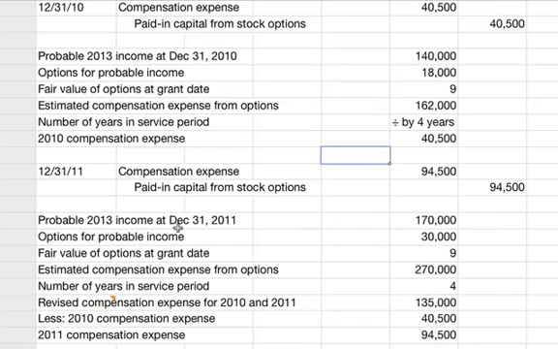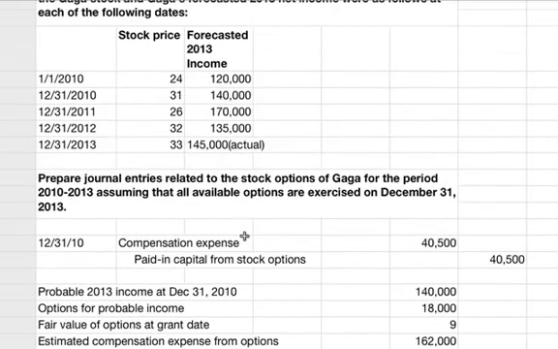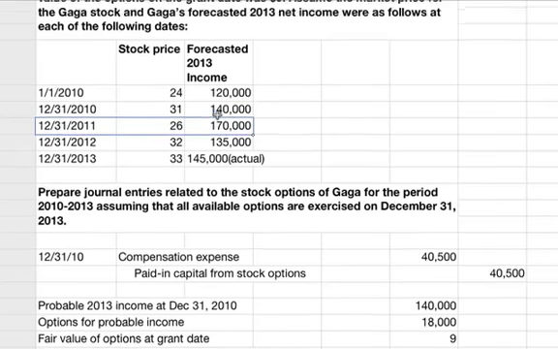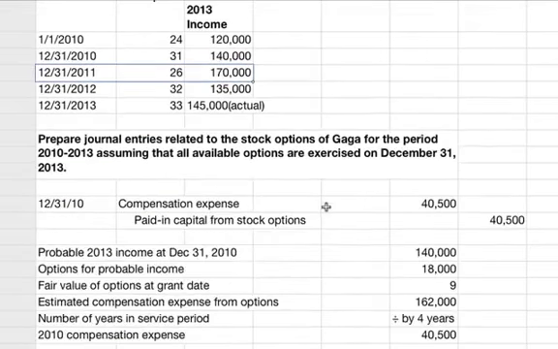If we go to our table again, we want the probable 2013 income as of December 31st, 2011. It's forecasted that Gaga Corporation will have $170,000 of net income, and that would put us at 30,000 stock options.